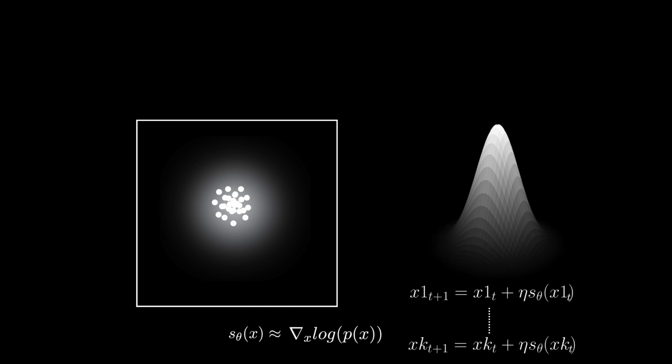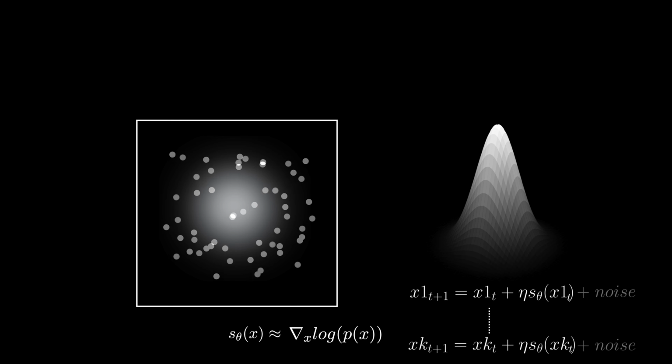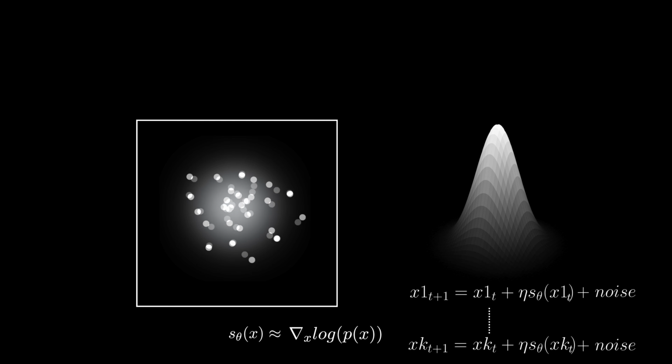But now all the points will ultimately collapse to the local maxima of likelihood. So we won't really be getting samples from all the regions of the density function. Which is why we instead follow the noisy gradient, where we also add some noise at every step, allowing us to generate samples from the underlying density without everything converging to local maxima.